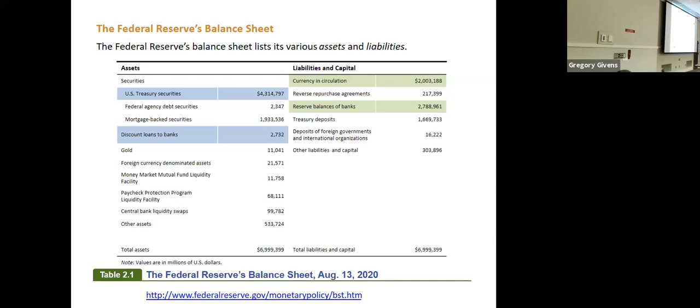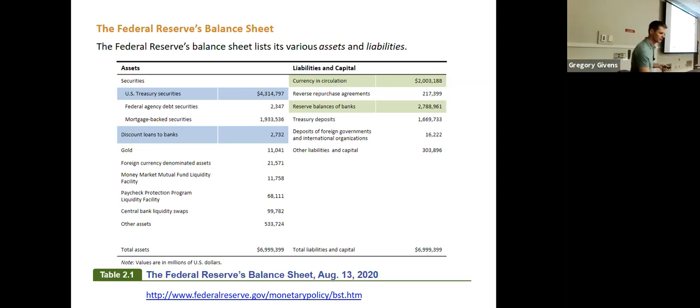Is a central bank liquidity swap an asset or a liability? You should know that it's an asset. But in the model of the money supply we're going to develop here, these 4 entries are actually the most important. Treasury holdings of the Fed, discount loans, reserve balances of banks, as well as currency in circulation.